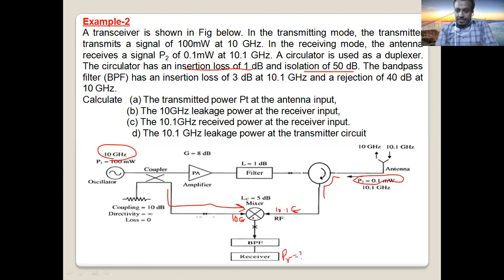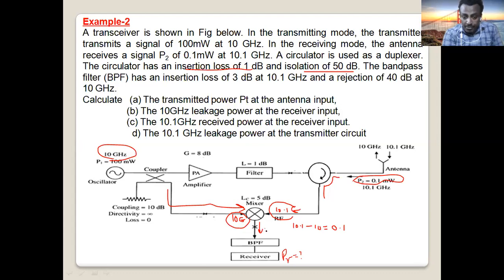Before going to the receiver, it's better to reduce the frequency. We'll discuss this next time. The mixer is a frequency translator device. It subtracts the local oscillator frequency, 10 gigahertz, from the RF frequency, 10.1. So how much will the frequency be? Only 0.1 gigahertz. That's what the mixer does.